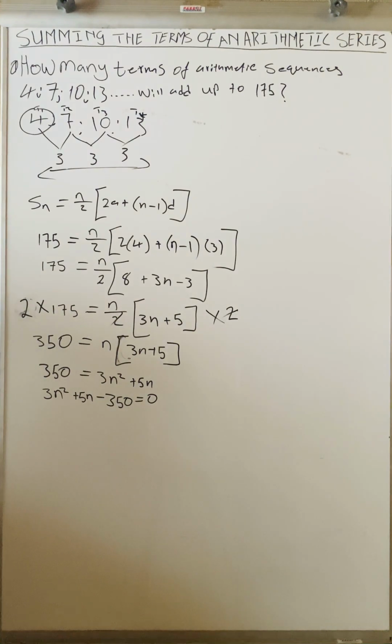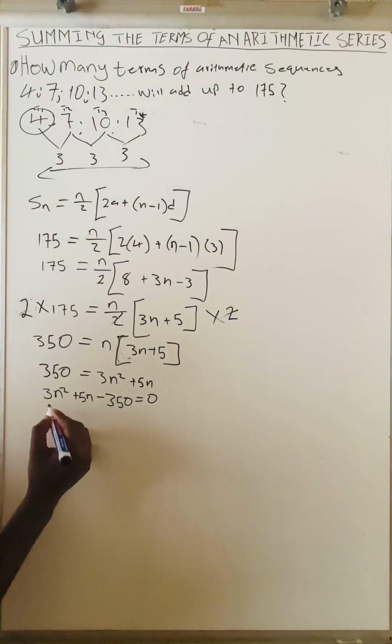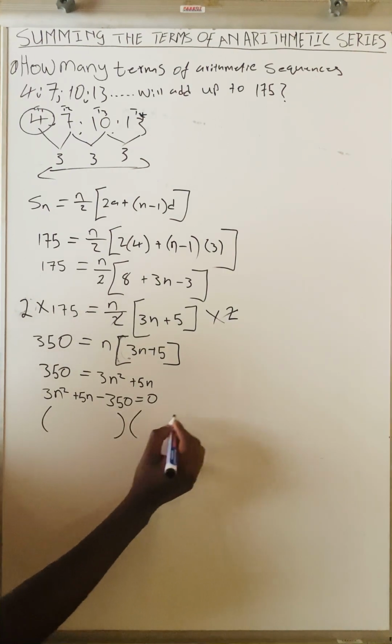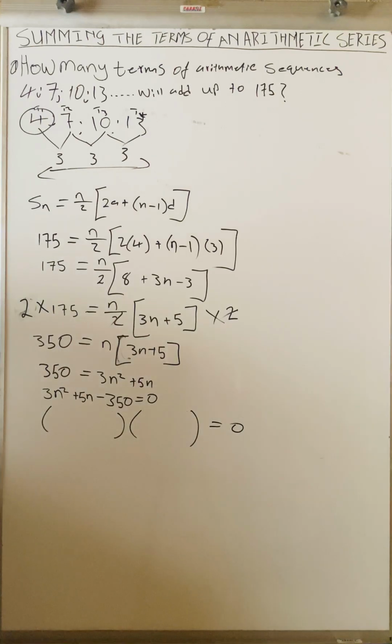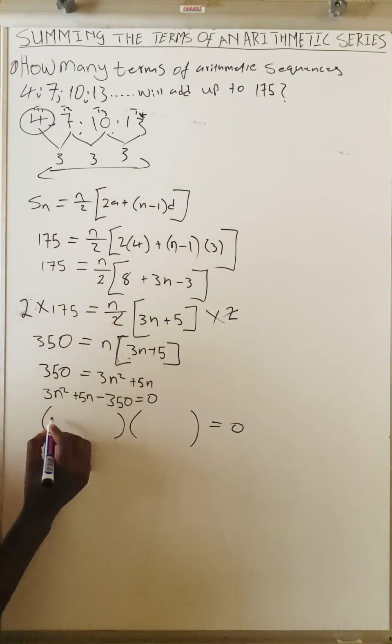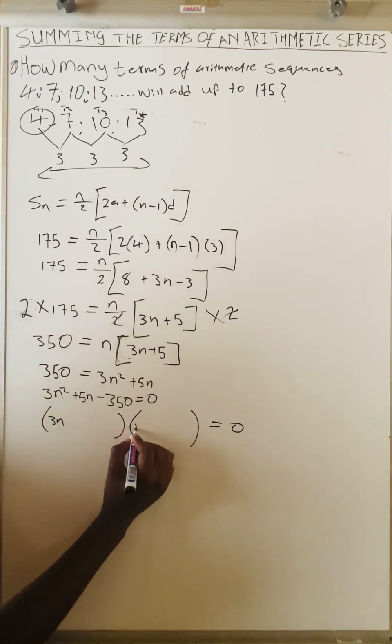Most of you, I know, have a problem with finding the factors. You can use the quadratic formula to do that, but here we just do it like this. Firstly, you write 3n and n.